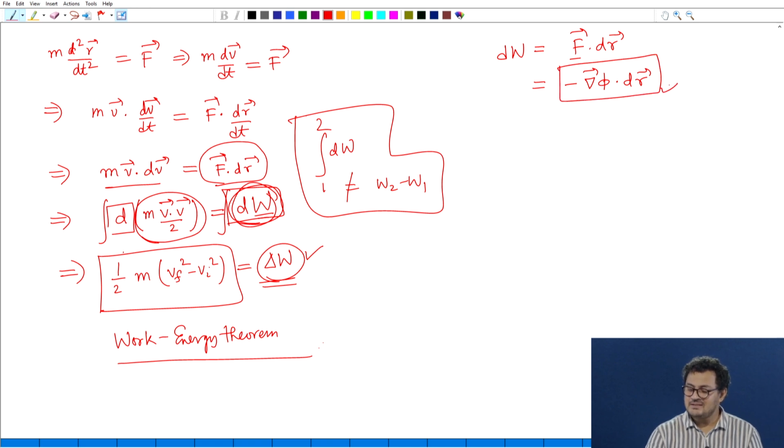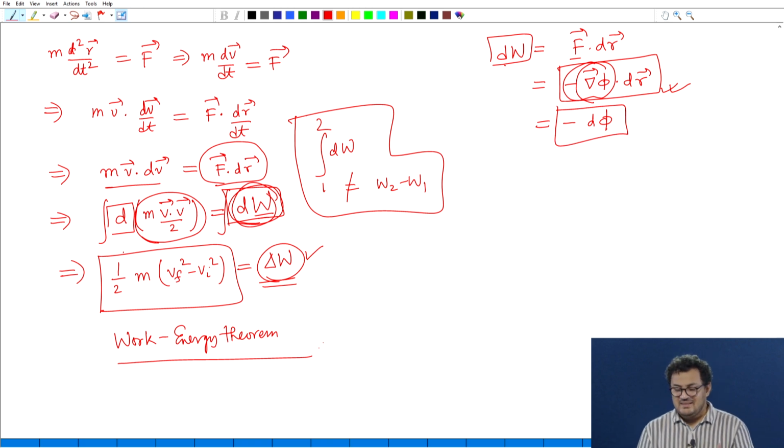I did this calculation some while ago, and this is nothing but minus d phi. So, although in general this is not an exact differential, under the condition where F is minus gradient of phi, your dW is an exact differential.